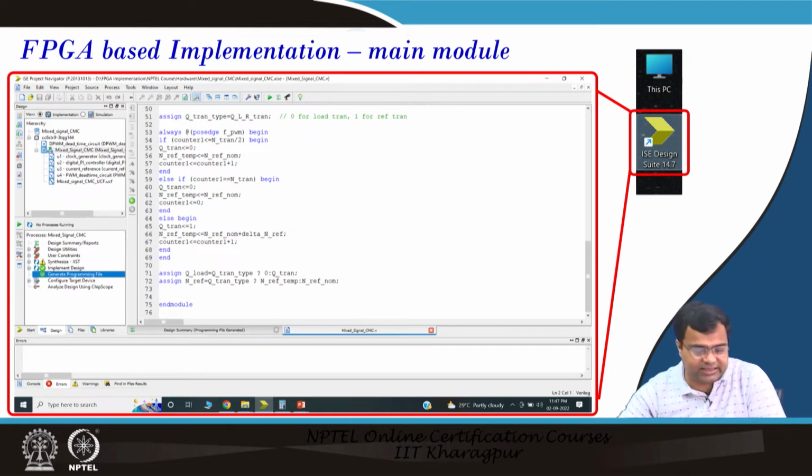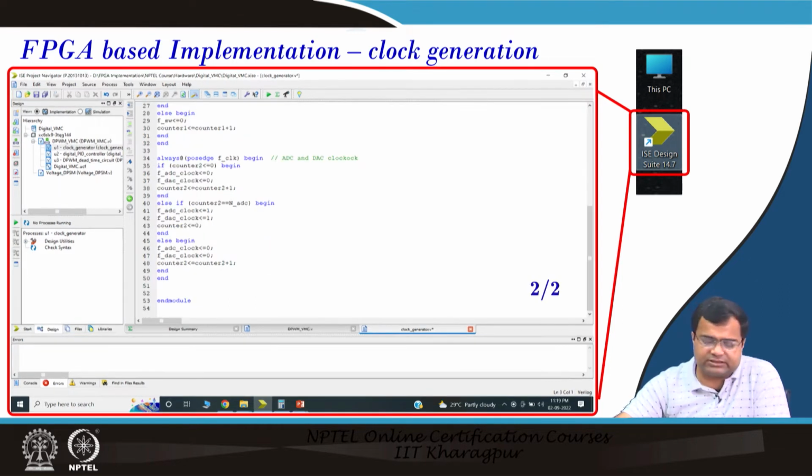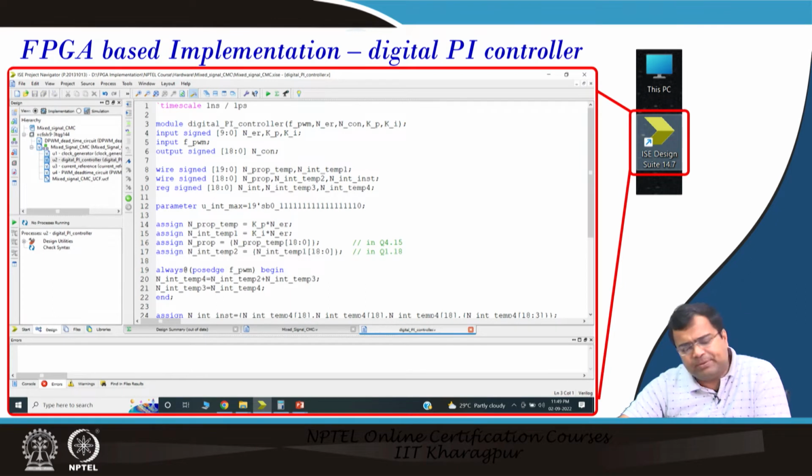The clock generator circuit we presented for both digital current mode and voltage mode control in lectures number 72 and 76, so I am not going to discuss this again. The digital PI controller I think we discussed in lecture number 77.